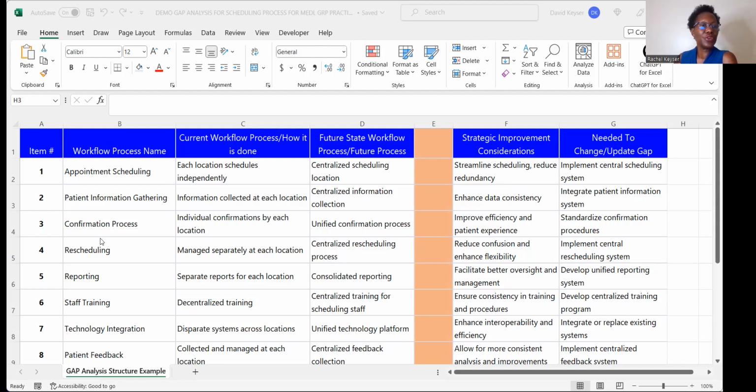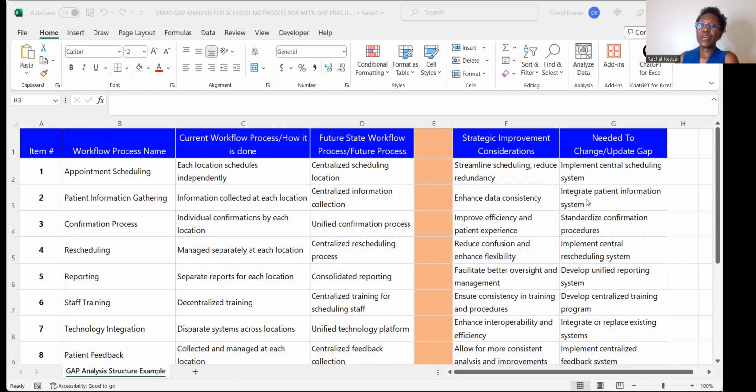Okay. And then you have patient gathering. Here, I'm not going to go through each one, but what I want to show is what each of those can entail. So you have patient information gathering. The information is collected at each location. Here, if it's centralized, it's much better. Why? Because we have data that's consistent, and I'll get into why it's consistent or why it's not consistent.